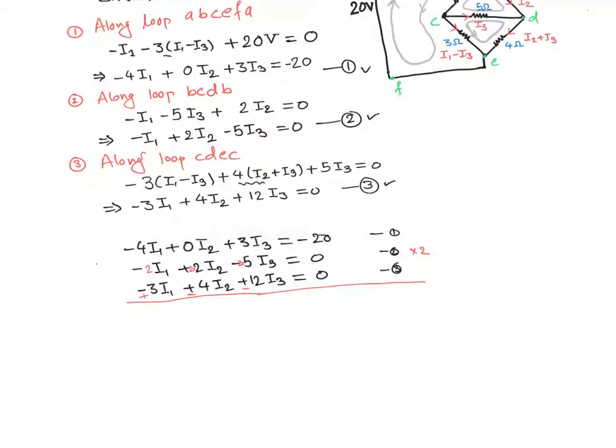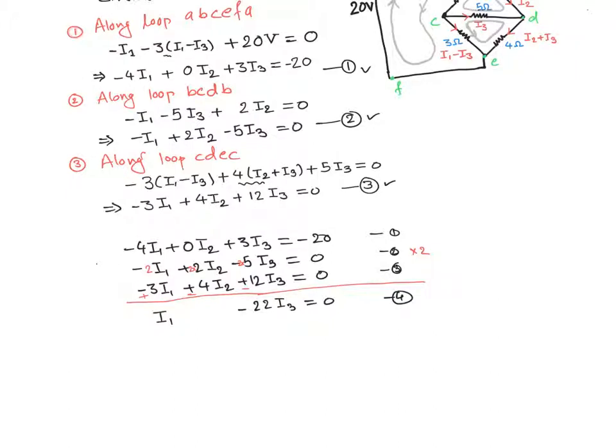So negative 2 I sub 1, positive 3 I sub 1, so we have I sub 1 here. We have 2 times 2, 4 I sub 2, we have negative 4 I sub 2, so I sub 2 is removed. We have 5 times 2, negative 10 I sub 3, negative 12 I sub 3, so total negative 22 I sub 3 equals 0. Let's mark this one as equation 4.